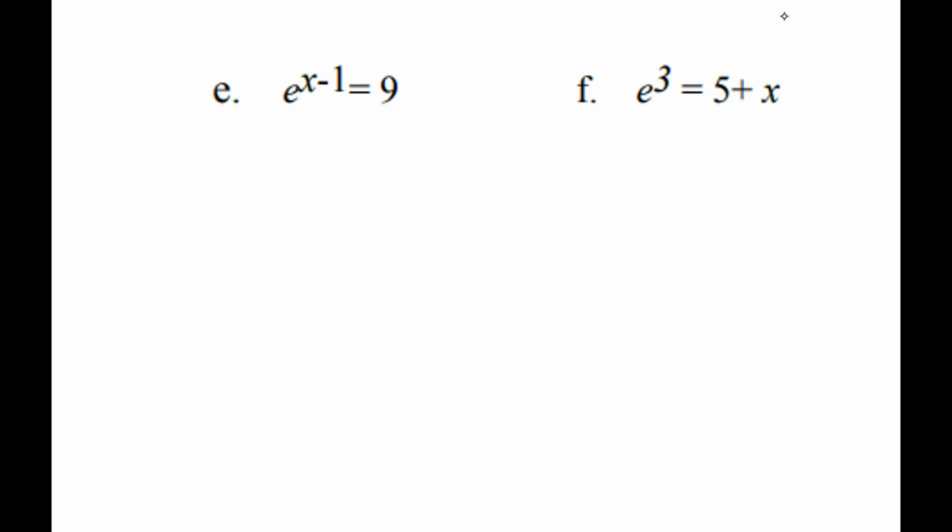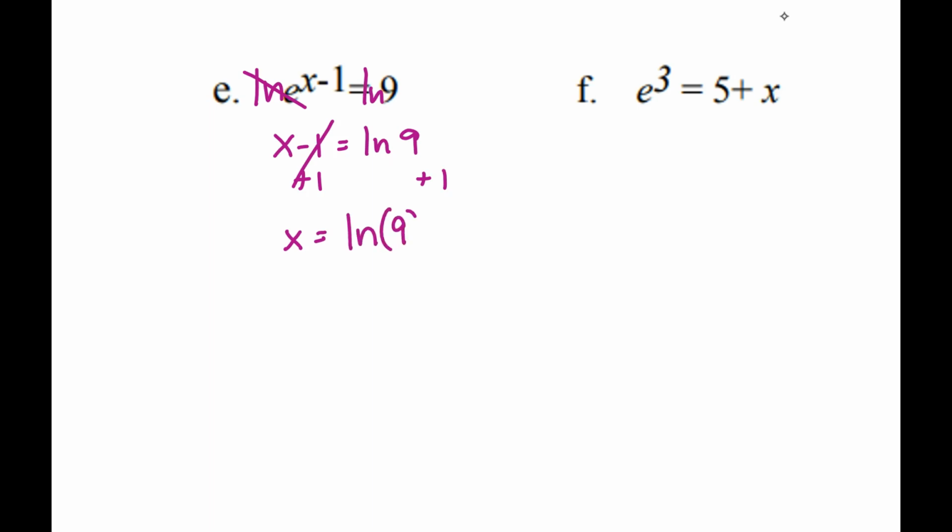Two ways. Either we do the log roll, or we now know that if we just take the ln, the natural log of both sides, the ln and the e cancel, x minus 1 comes out of the exponent, and it's set equal to ln of 9. And then we just have to add 1 to both sides. Now, can I just add 1 to that 9?